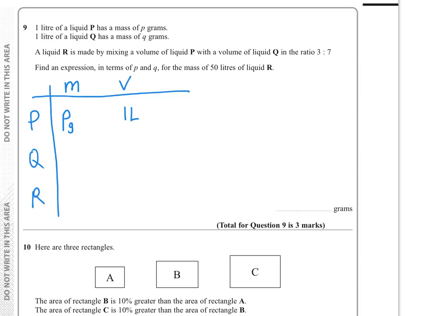And for liquid Q, the mass is q grams for 1 litre. Then we're most of the way there, I think, because we've got to look at the ratio 3:7. So liquid R is made by mixing a volume of liquid P with a volume of liquid Q. And we've got to work out what the mass of 50 litres of liquid R would be.